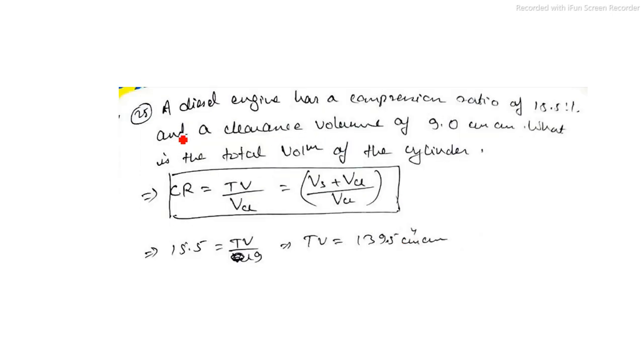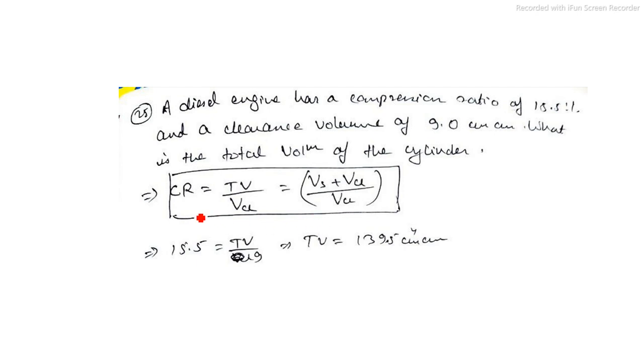And the next is a diesel engine that has a compression ratio of 15.5 to 1 and a clearance volume of 9 cubic centimeter. What is the total volume of the cylinder? So we have the formula, clearance volume is equal to total volume by volume of cylinder.